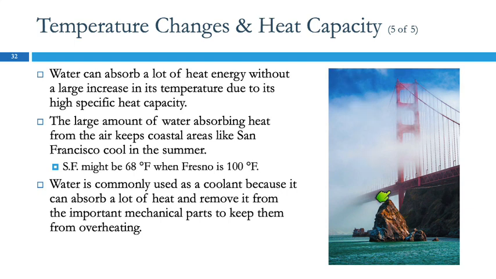So the sun shines down, and things like this rock and the bridge heat up. The ocean, the water, is also heating up, but it can absorb a lot more energy to have the same temperature increase. Or we could say it absorbs the same amount of energy, but only changes a little bit.